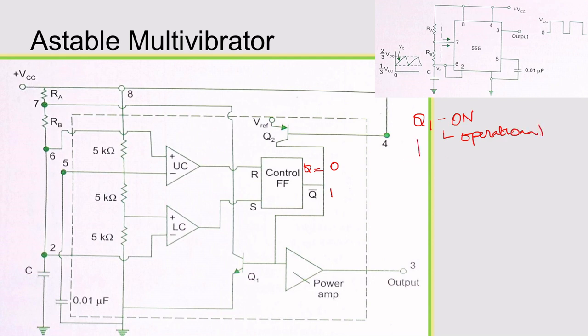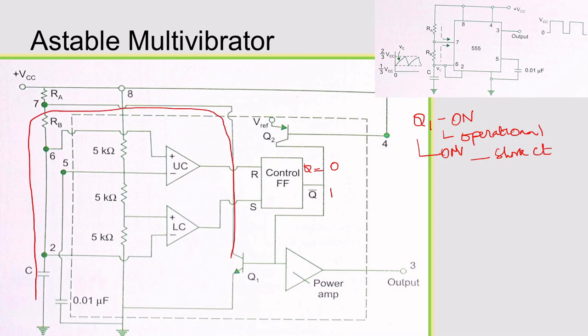If the transistor is on, we know that it is short circuited. Through which path? Through this path. So it will discharge through RB and C completely towards ground, 0.